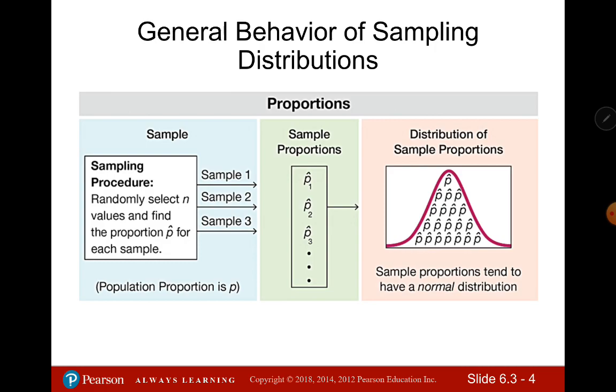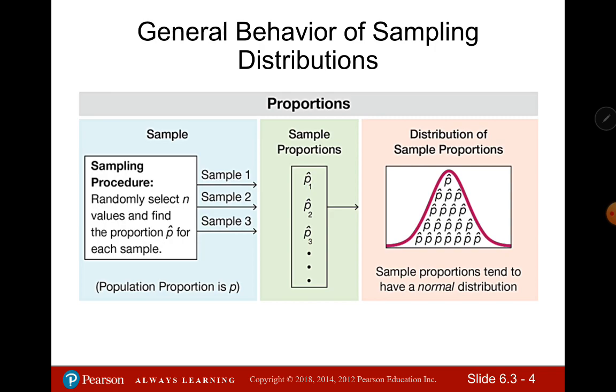Let's check this graph to help you understand what that means. It's kind of like a tongue twister, right? From the same population, we can get several samples. We can get infinitely many samples. Each sample has the same size. So for example, we have sample 1. For this sample, we can get the proportion, let's say p hat 1.